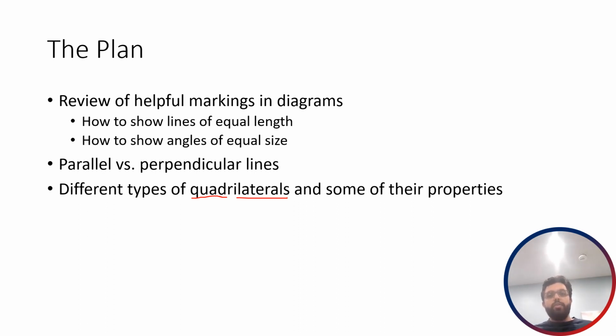Then we will get into a discussion of parallel and perpendicular lines. That's not going to be a very long discussion, just a couple of minutes. I want to make sure everybody knows what those two words mean. And then after that, we will get into the different types of quadrilaterals, the most common four-sided shapes that you're likely to encounter in the world, and some of their properties.